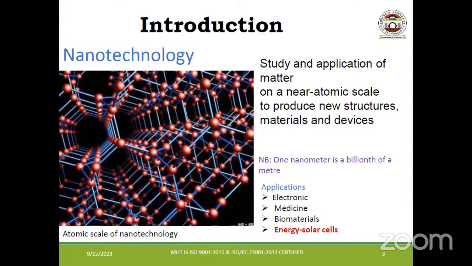The materials that we are synthesizing in the laboratories come out at nanometer scale. The applications of these nanomaterials are mainly on electronics, medicine, biomaterials, and the energy solar cells. The energy solar cells is where our concentration is, and we are synthesizing materials for basically the solar cell applications.